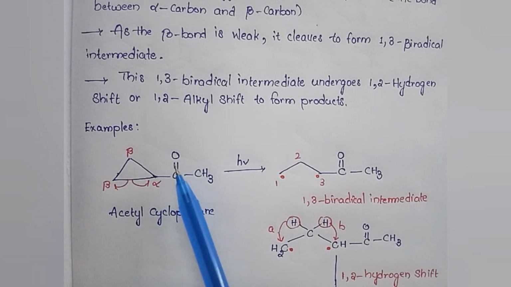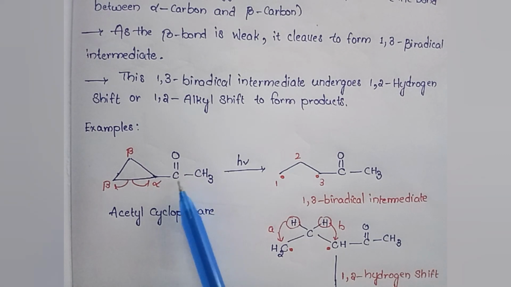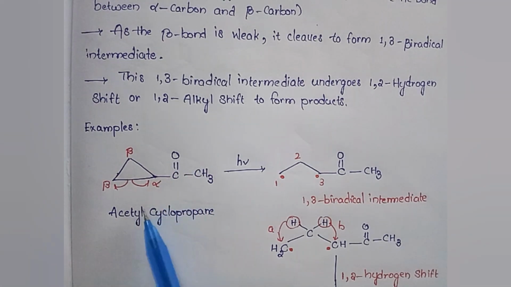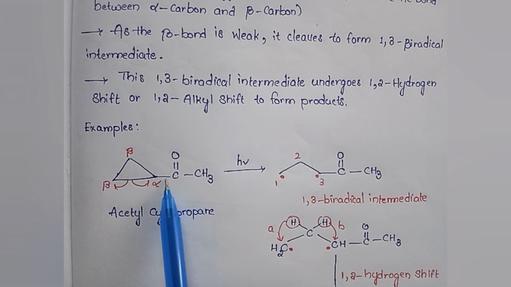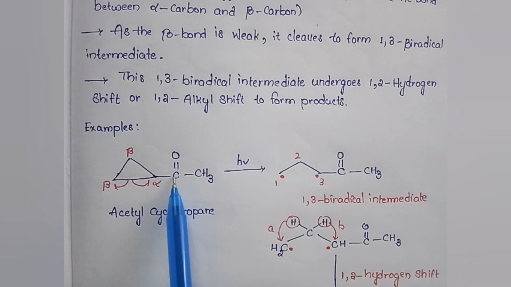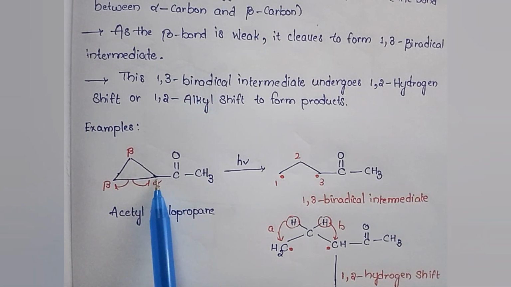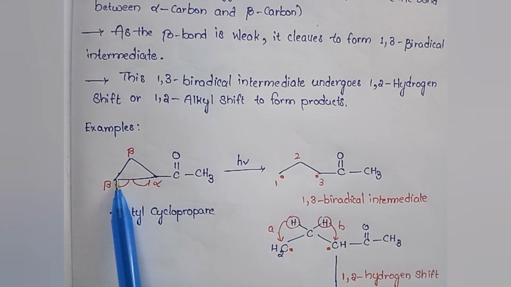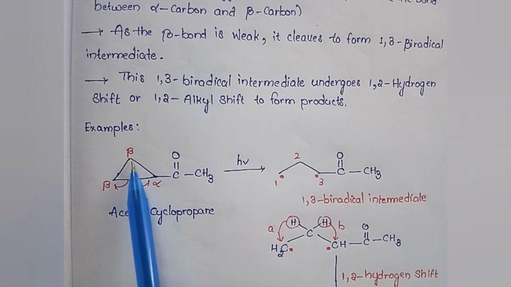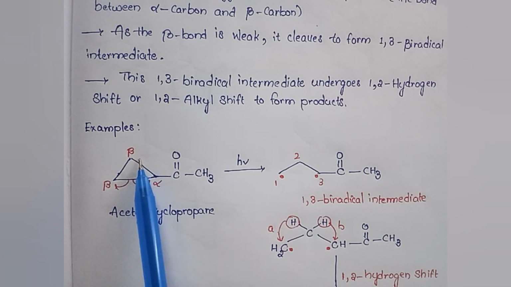C double bond O is the functional group. Adjacent to the carbonyl group is the alpha carbon. Adjacent to it is a beta carbon, and this is another beta carbon.